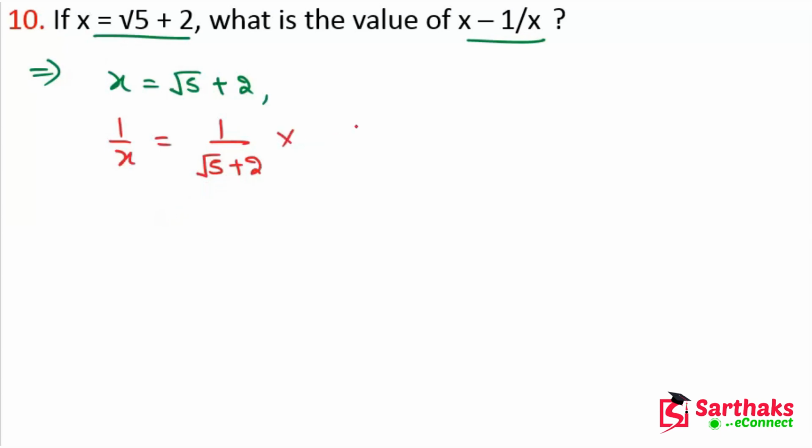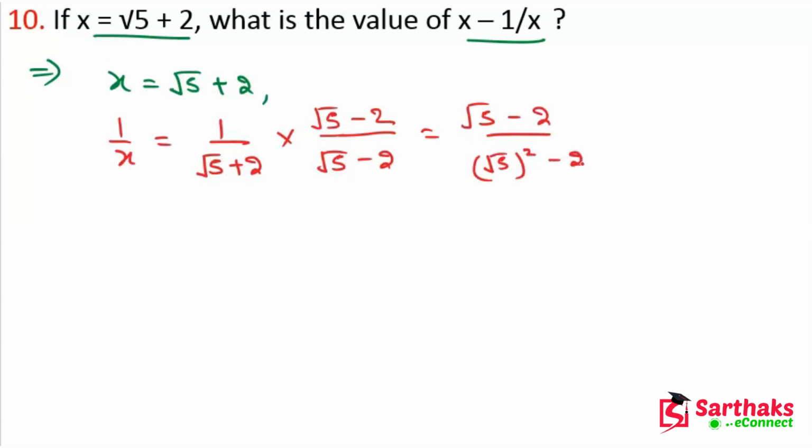Now we have to multiply and also divide by under root 5 minus 2. So this becomes under root 5 minus 2 in the numerator, and in the denominator the terms are like (a plus b) and (a minus b), so the result is a square minus b square, meaning root 5 square minus 2 square.